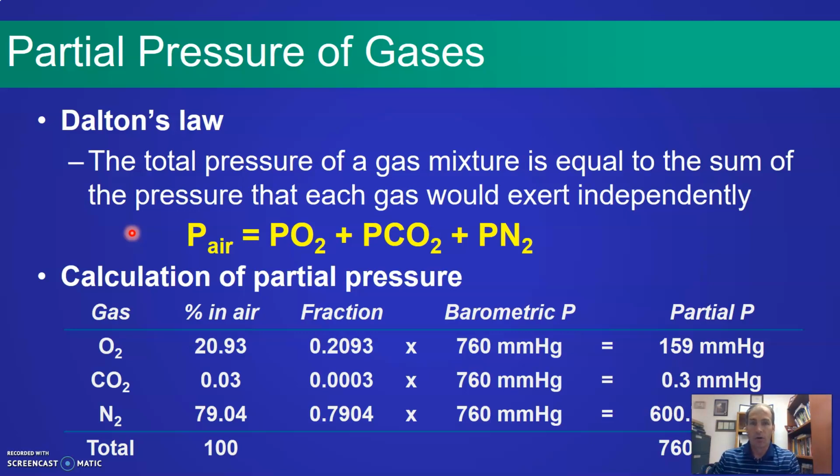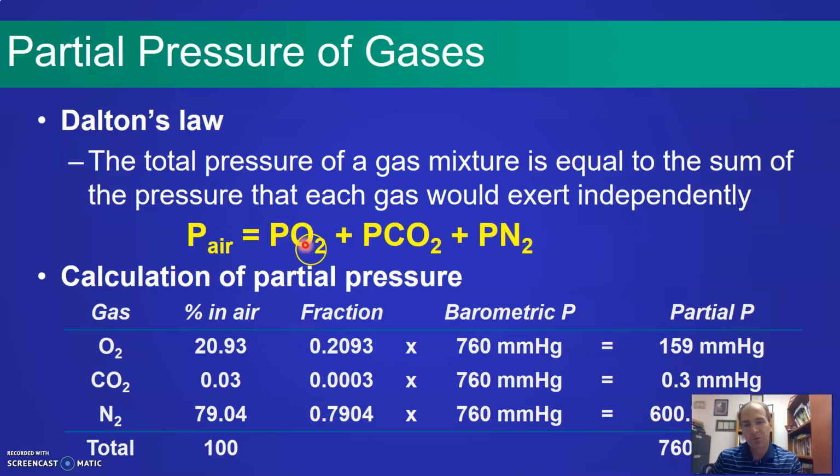Where we are right now, assuming you're viewing this from Florida, we're at sea level, literally just across the way there. And so the pressure here is roughly about 759 millimeters of mercury. And that pressure is made up of the pressure of oxygen, the pressure of CO2, the pressure of nitrogen.